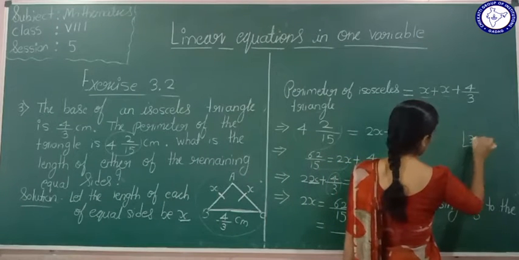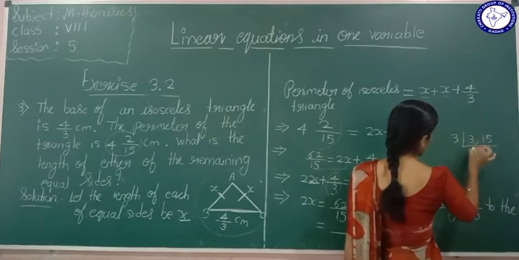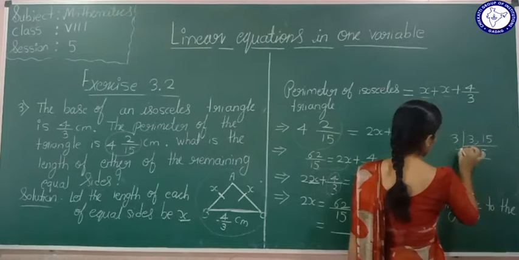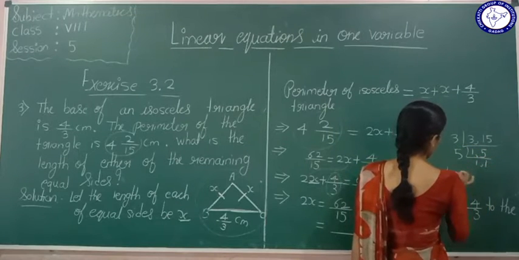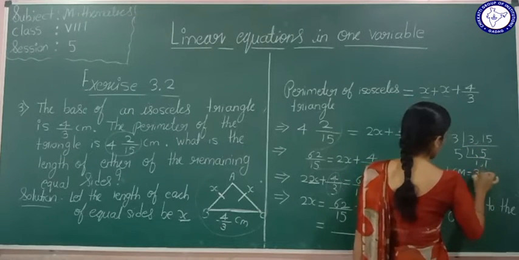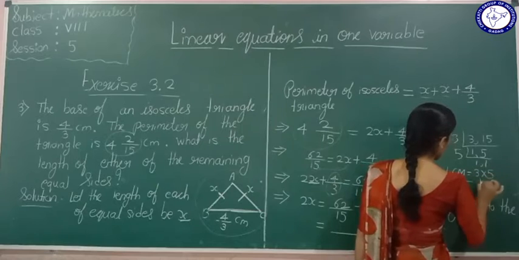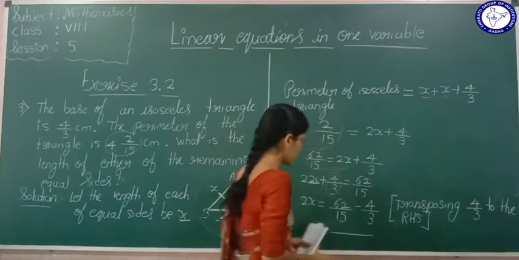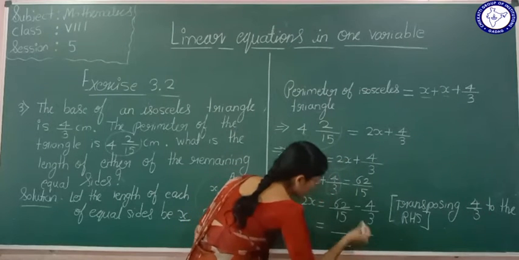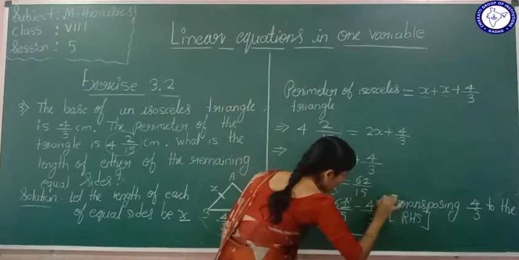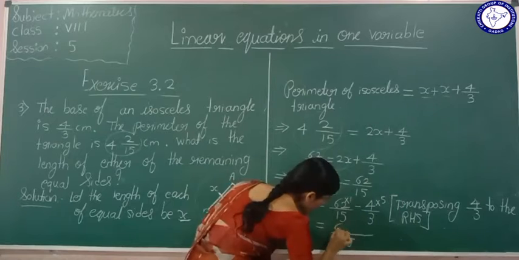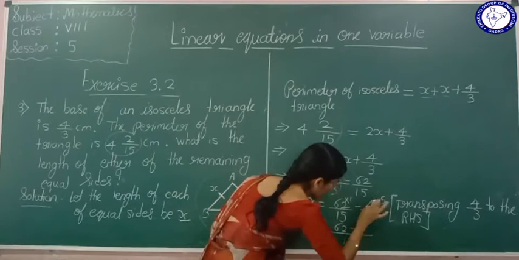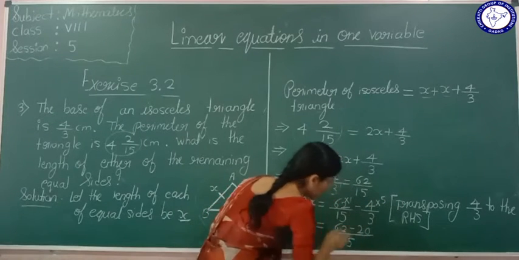What is the LCM of 15 and 3? 3 1s are 3, 3 5s are 15, 5 1s are 5. Therefore LCM is 3 into 5, which is 15. The LCM of 3 and 5 is 15. 15 1s are 15, 3 5s are 15. 62 1s are 62 minus 5 4s are 20.